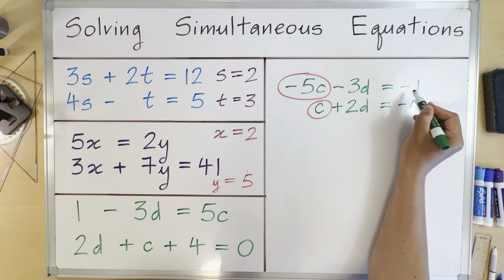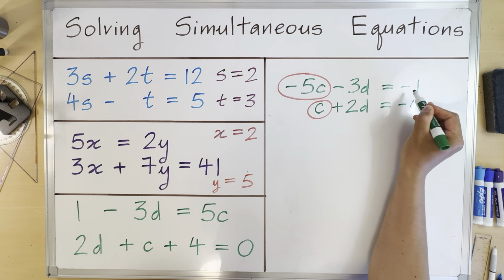Negative 3d minus negative 10d will be the same thing as negative 3d plus positive 10d. And that gives us positive 7d. Negative 1 minus positive 20 gives us negative 21.